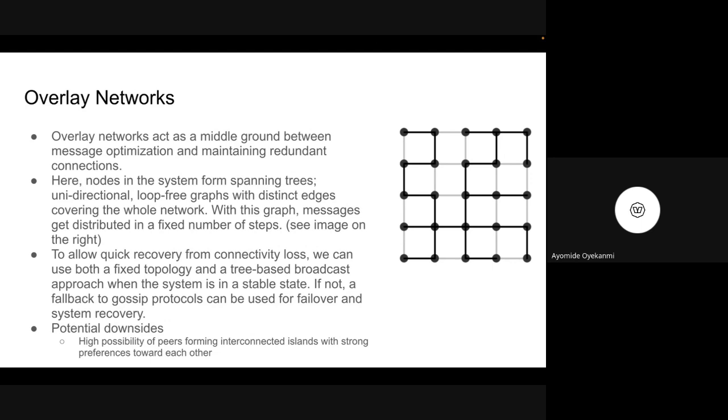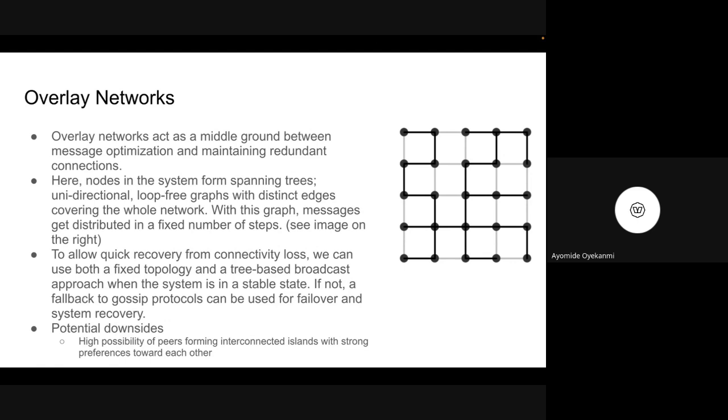But one of the advantages of gossip's message redundancy is that because it sends to multiple nodes, there might be multiple ways that the message can reach the node that I actually want to reach, right? And so this node that failed would not really matter in the grand scheme of things, because the message I still want to deliver to all the nodes will get to the nodes somehow, in an ideal scenario.